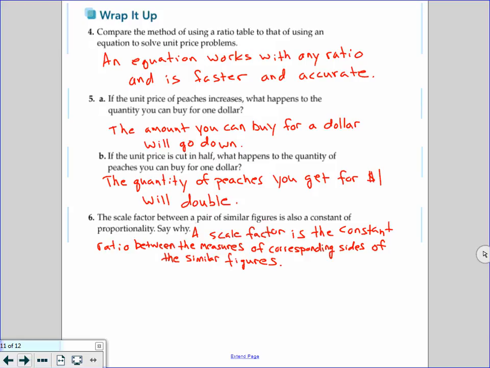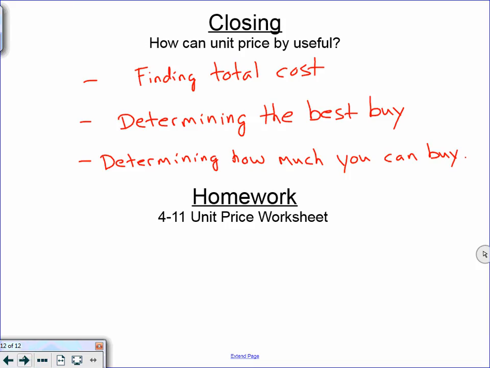Okay, you won't be able to buy as much for $1 if the price goes up. For B, if the price is cut in half, though, the amount of peaches you can buy for $1 is going to double. Okay? And then lastly here, how is unit price useful? Well, it's good for finding the total cost. It's good for determining the best buy. And it's also good for determining how much you can buy.